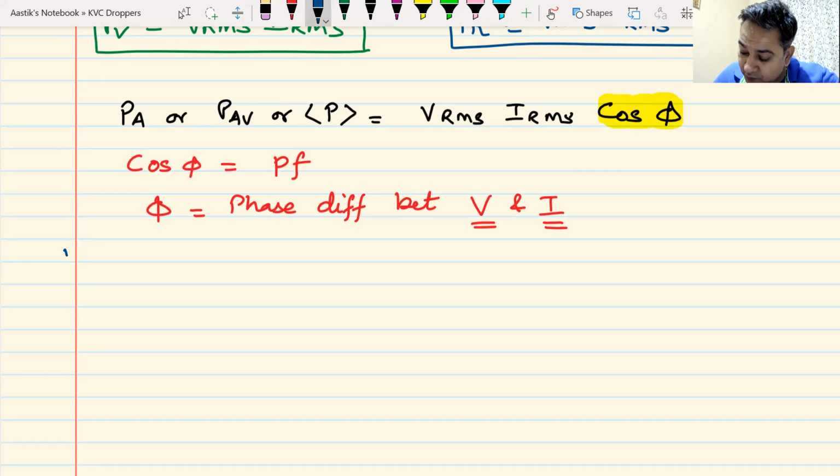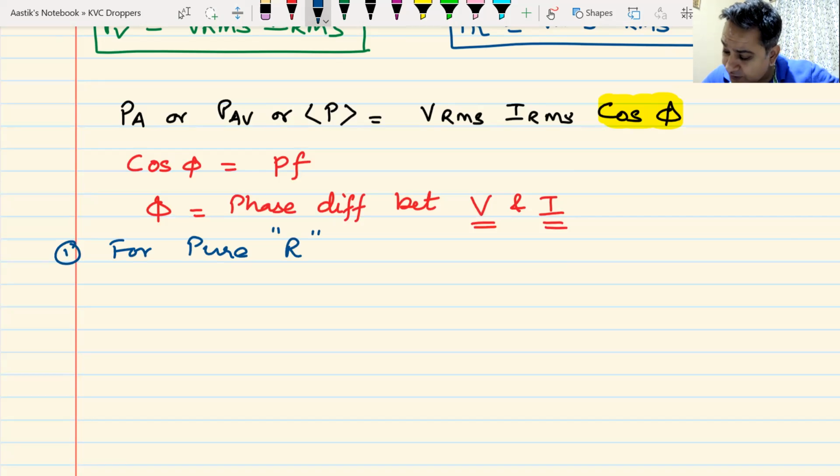If I take case number 1, for a purely resistive circuit, the value of this phi is 0.